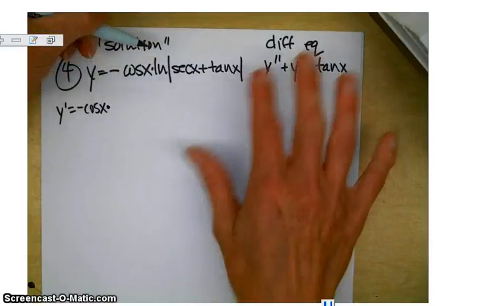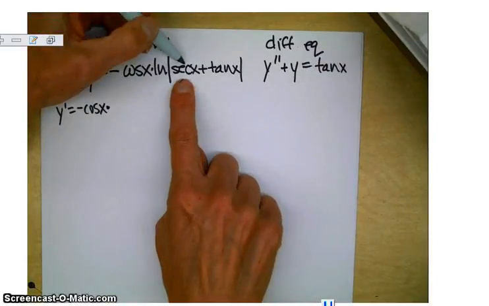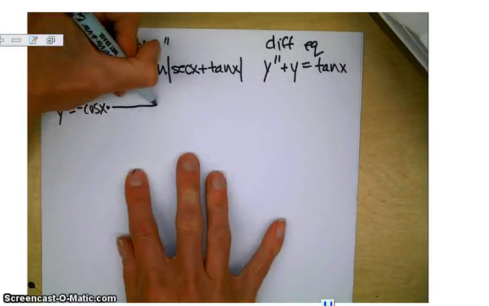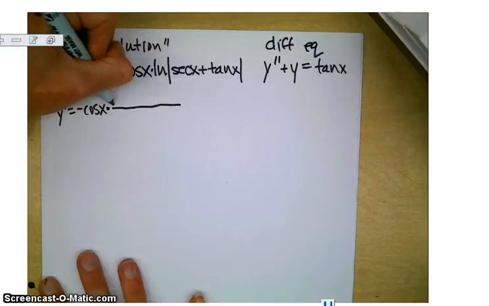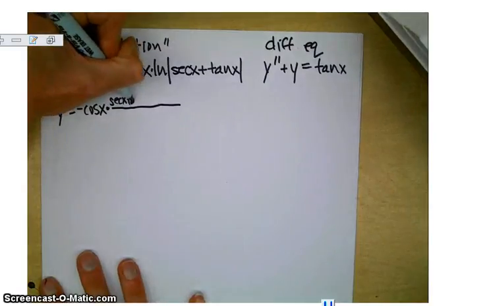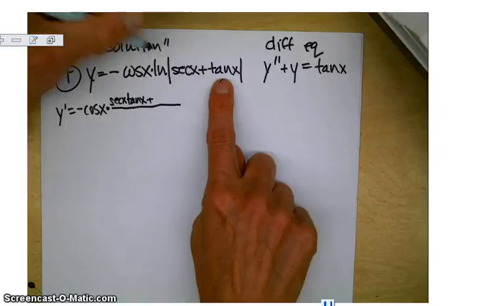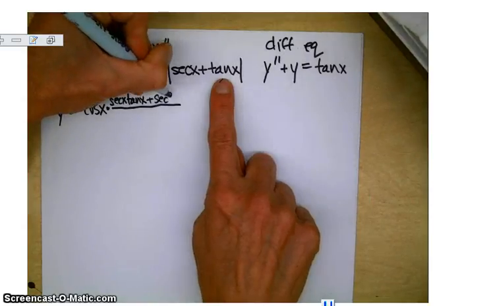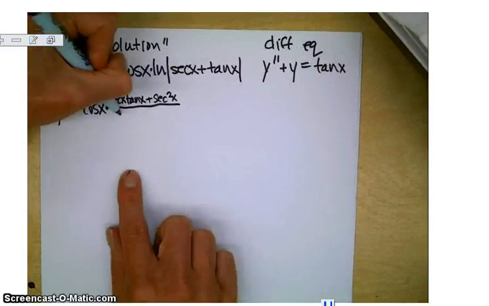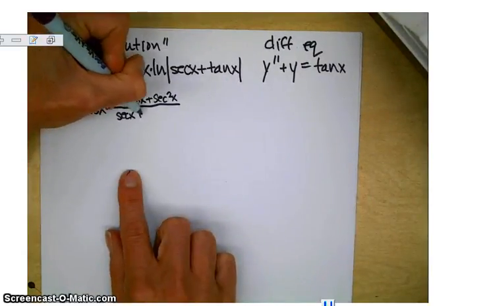So u prime will be the derivative of secant x, which is secant x tangent x, plus the derivative of tangent x, which is secant squared x, all over secant x plus tangent x.